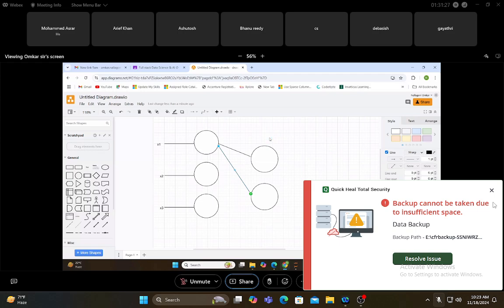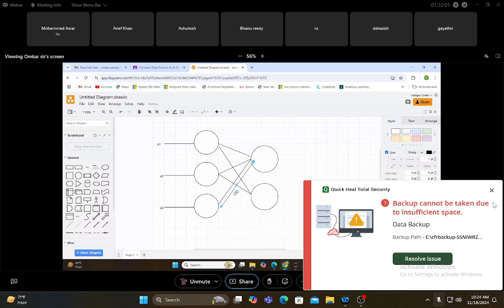After the input layer, the middle one is called the hidden layer. Now how does the diagram look? This value will go here, then the same will come here also. Next, the third one will come from here to here.